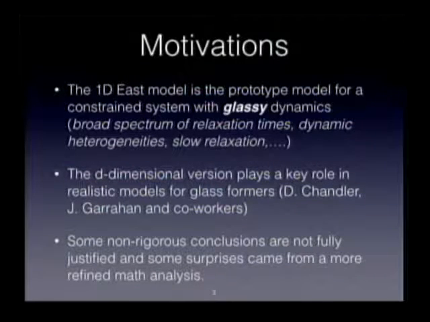And there are several features that are shared by this kind of simple Markovian evolution. In particular, there is a broad spectrum of relaxation times. There are dynamic heterogeneities, which means that in space you see regions where spins are changing rapidly, other regions where spins are essentially frozen.